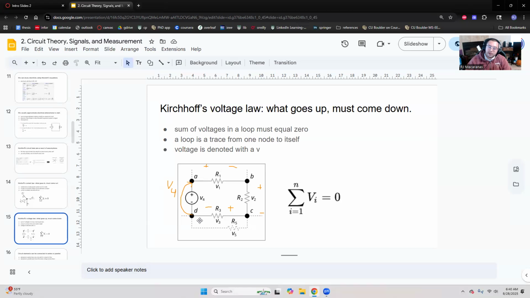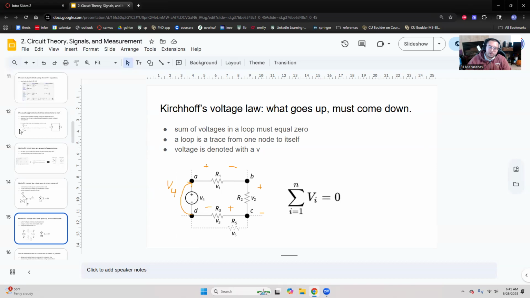And so just as I have defined a reference of node D, I need to define a reference for all these other voltages. And so just taking a look at V1, I've defined the reference to be B, right? And so we're looking at the voltage across this resistor R1. And so that's from VA to VB. Likewise, this V4 is from VA to VD.